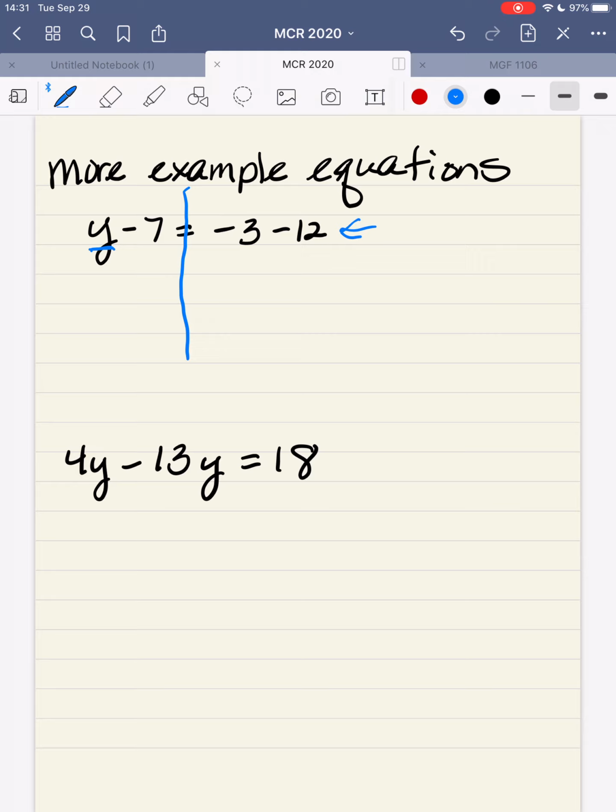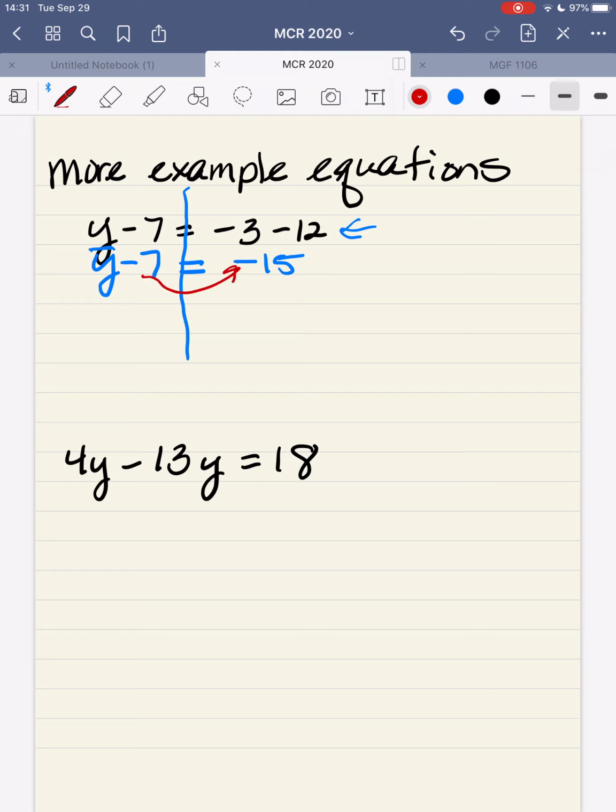So I have negative 3 minus 12, that's going to give me negative 15. And my y minus 7 didn't change. Okay, now I see that I have y minus 7 is equal to negative 15. So now I just need to get the 7 and move it over to the other side.